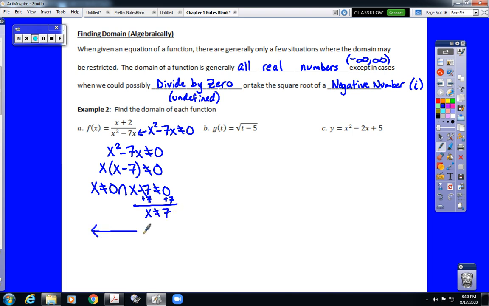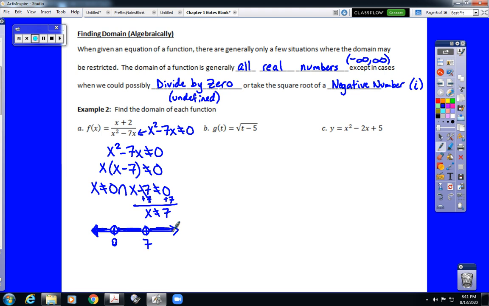I always like to think of this as a number line with 0 and 7 on it, because when we're looking at what values we are allowed to use, we're not allowed to use those two values, meaning there are open circles at those two values. But every other real number could be part of our domain.